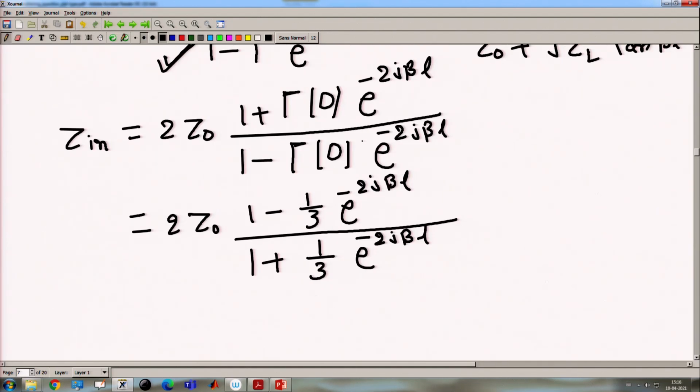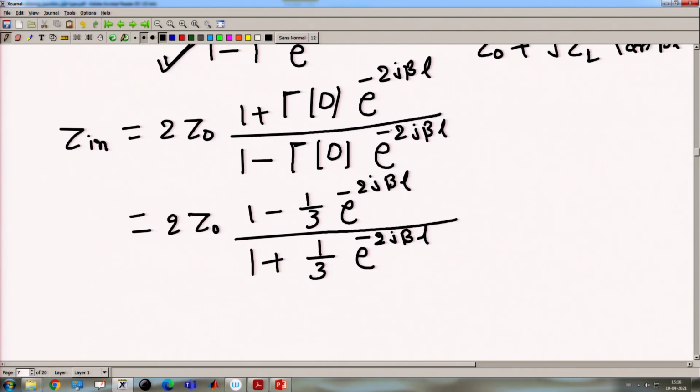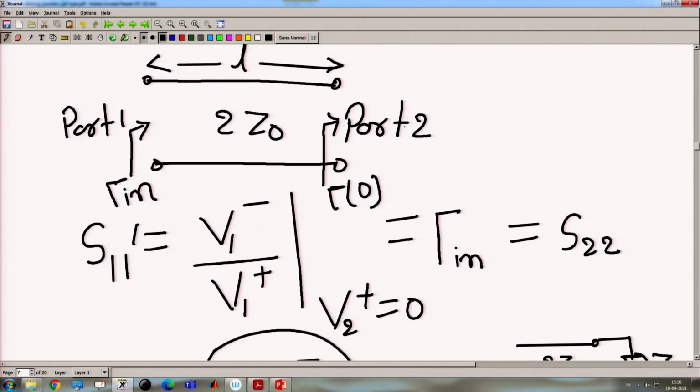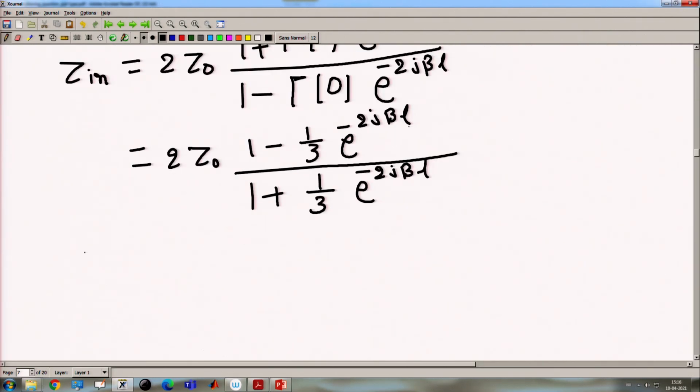We are finding Z in first, and from this Z in we can find gamma in.